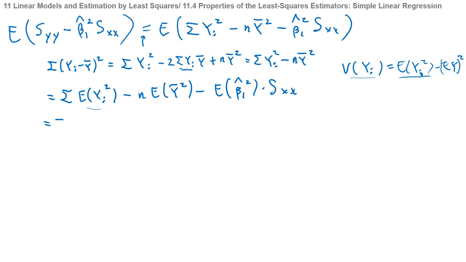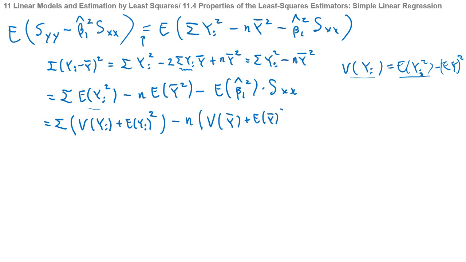So this one becomes the variance of yi plus the expected value of yi square, minus n times the variance of y bar plus the expected value of y bar squared, and minus the variance of beta 1 hat plus the expected value of beta 1 hat squared, times sxx.